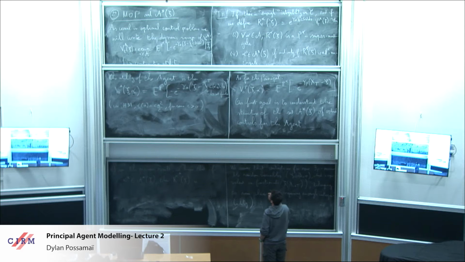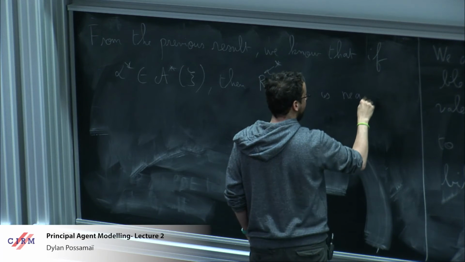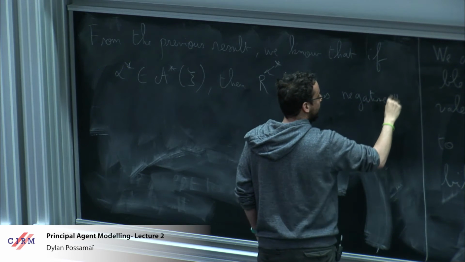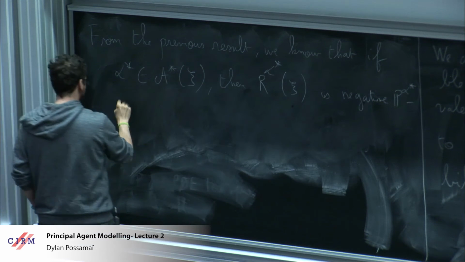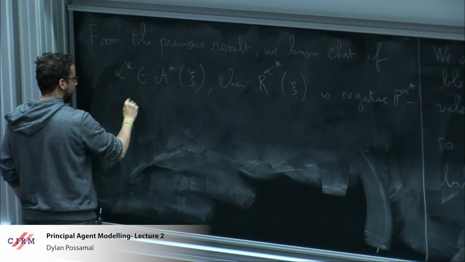Why is that? I don't know if it is still written, but V^A is negative, right? It's minus exponential of something. I'm multiplying this by an exponential, it remains negative. So this is a negative P^alpha star martingale.